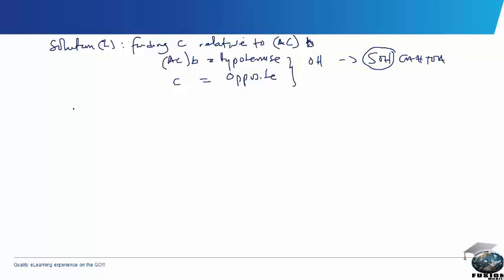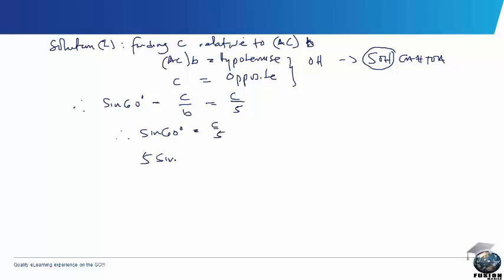So we can say therefore sine 60 degrees is equal to C over B, which is equal to C over 5. Alright, so therefore sine 60 degrees is equal to C over 5, and then you have that 5 sine 60 degrees is equal to C. But from special angles, sine 60 degrees is root 3 over 2.